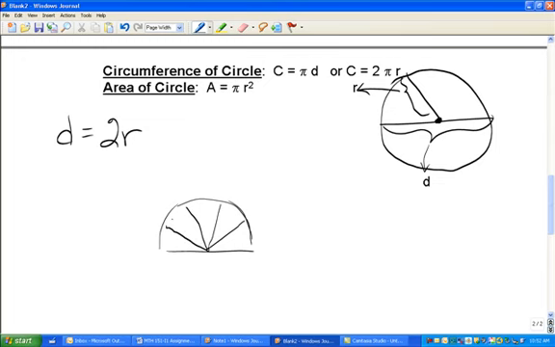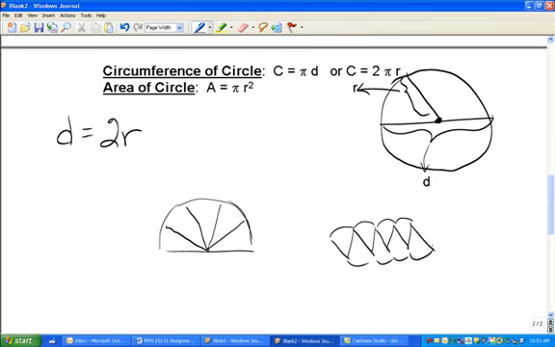Then they fan that out, you do that to both pieces, and then you flatten them out, stretch them out, and fit them together to create something that looks like this.